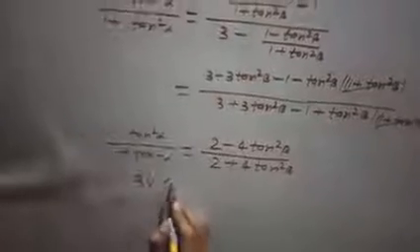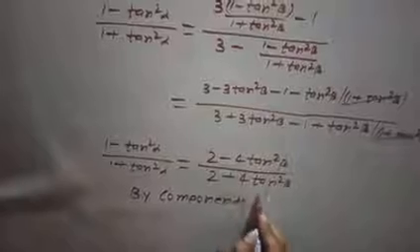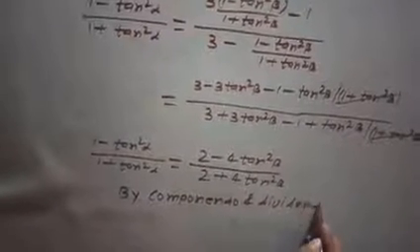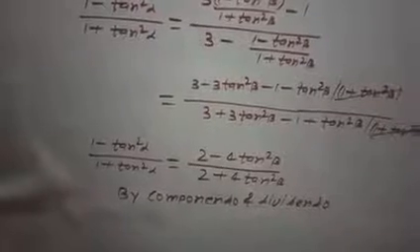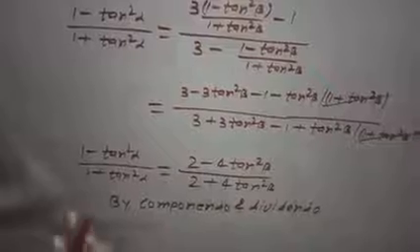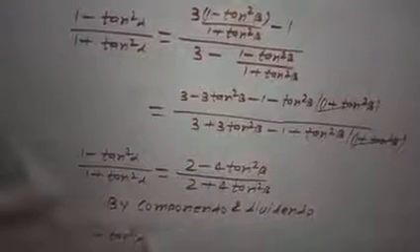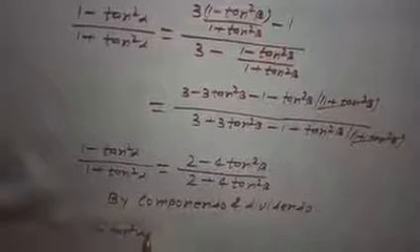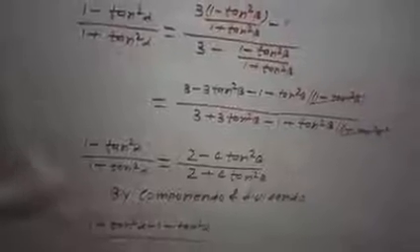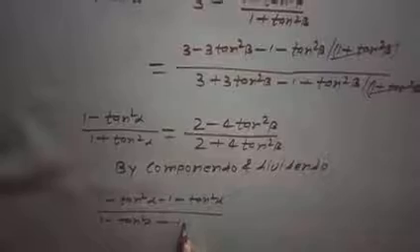So we use componendo and dividendo. So if we see 1 minus tan square alpha and we subtract it, minus (1 minus tan square alpha), here (1 minus tan square alpha) plus (1 plus tan square alpha).